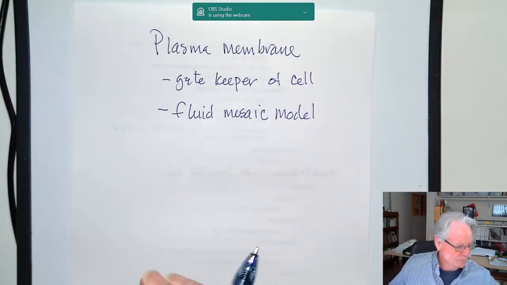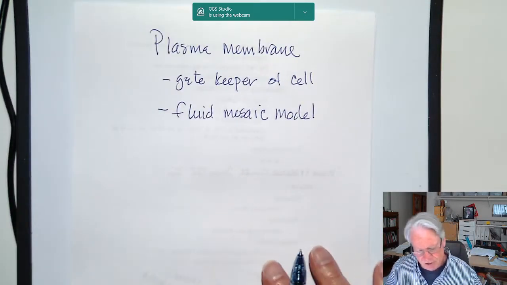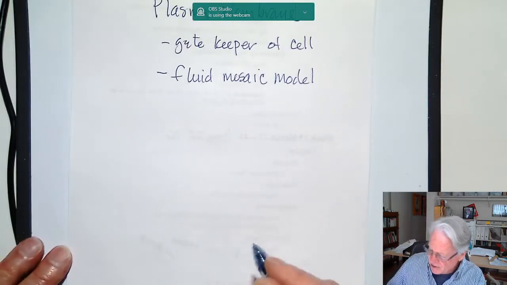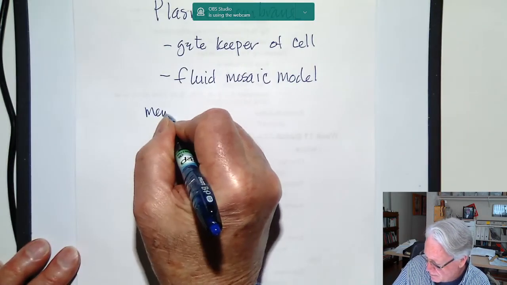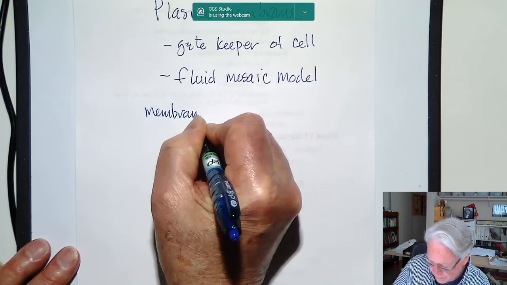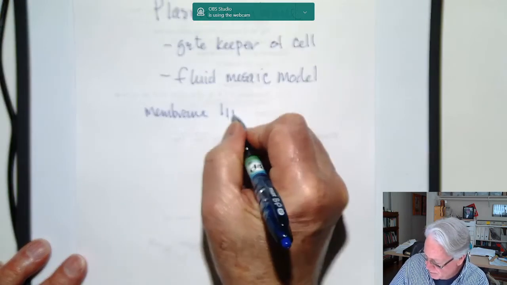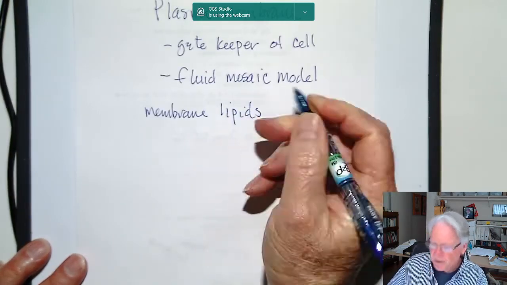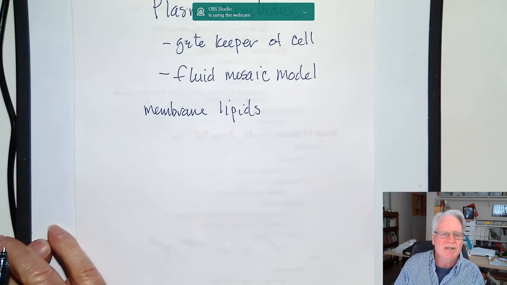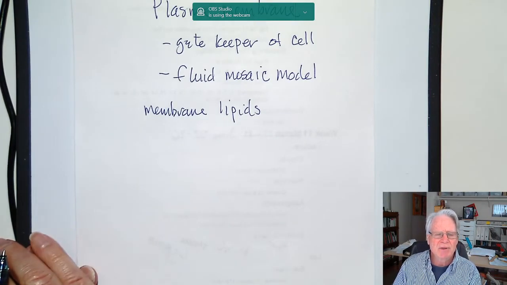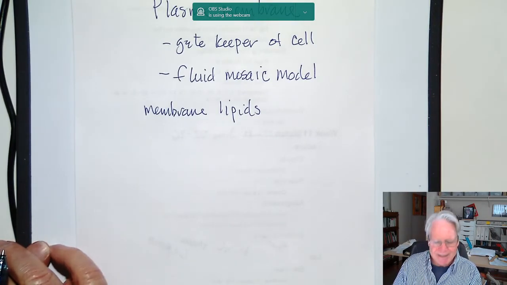Okay. So there is your basic model. Let's talk about the membrane lipids, because they are, of course, extremely important in giving us this model, this fluidity in the model.